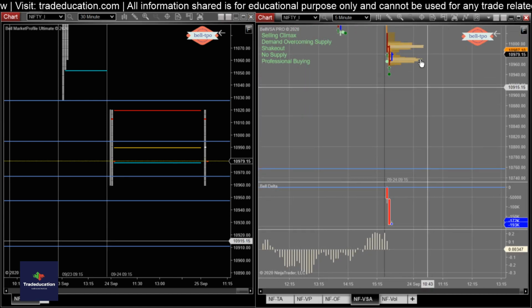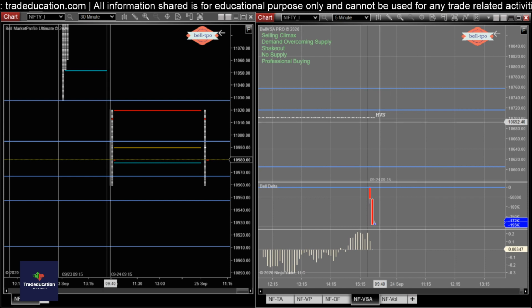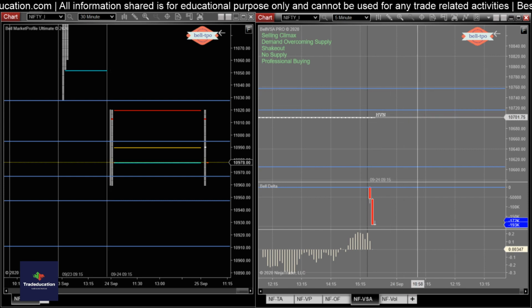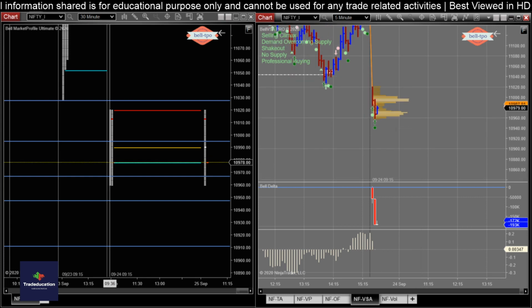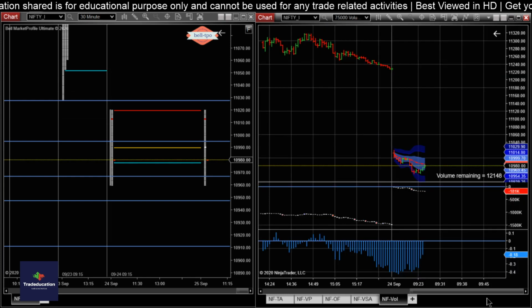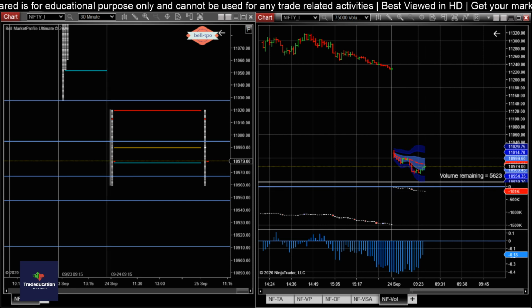Are there any HPNs? Yeah, there is an HPN here, but it's too far. Delta is now turning flat, trying to tag the VWAP.